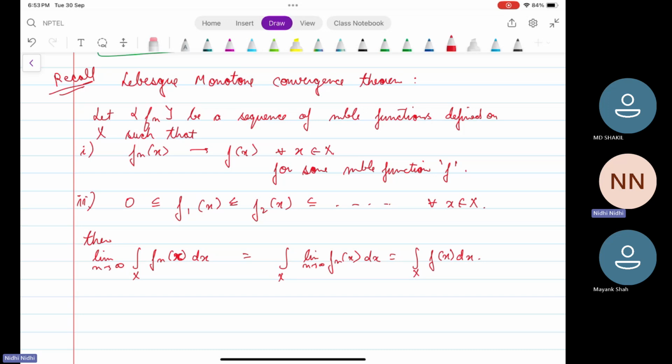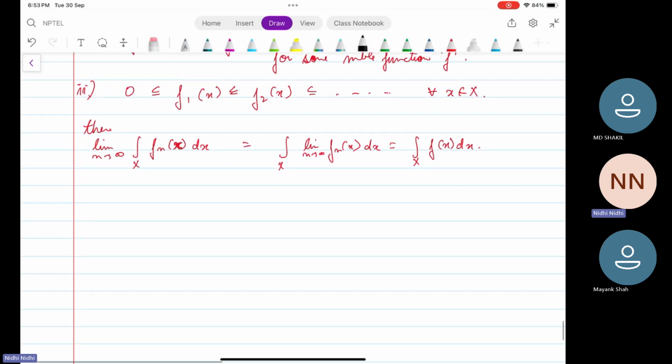If this is monotonic, mainly increasing, for every fixed x, in that case, we can use the Lebesgue monotone convergence theorem and hence interchange the limit and integral. We'll see some examples where we'll use this monotone convergence theorem and see how the limit can be evaluated.